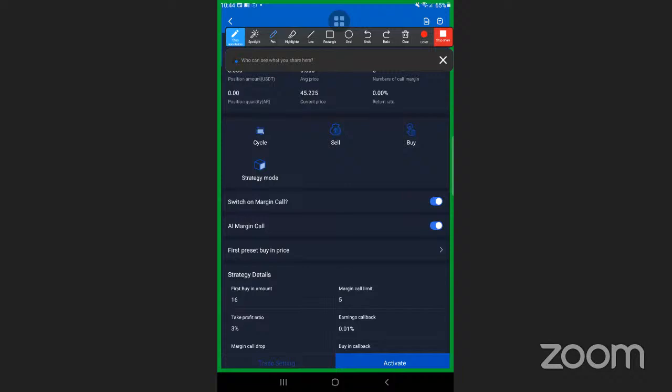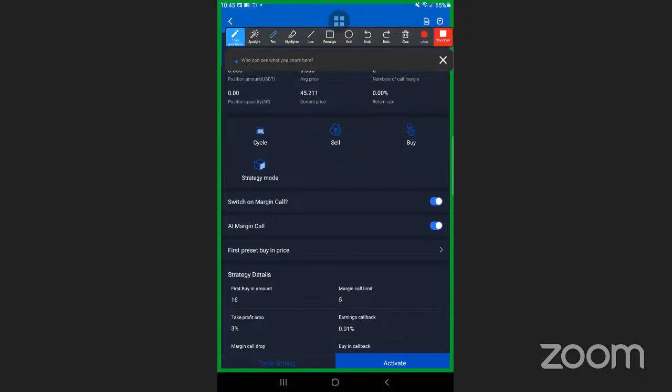If it was a preset price signal, because the robot did not manage to buy, you cancel it. You do not cancel a current price signal. A current price means after setting everything, you click activate without preset.